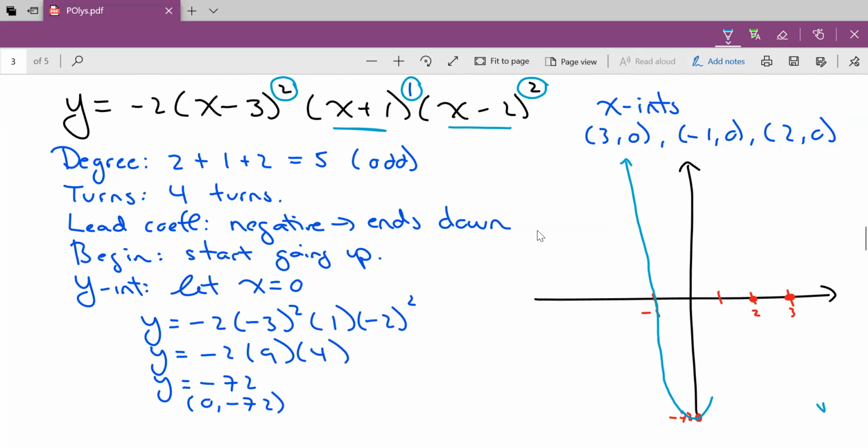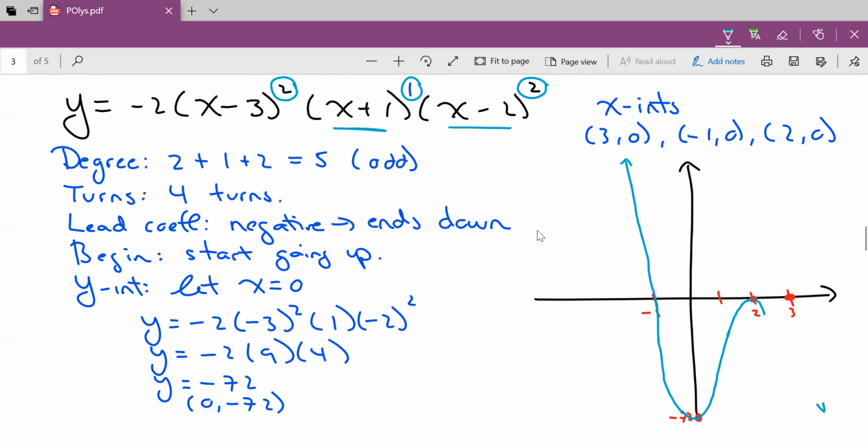Same sort of idea here. We are going to come to our x-intercept, hit it and bounce off. I'll give you a better term for that in a second. But for now, when we have a multiplicity of 2, we're going to bounce.